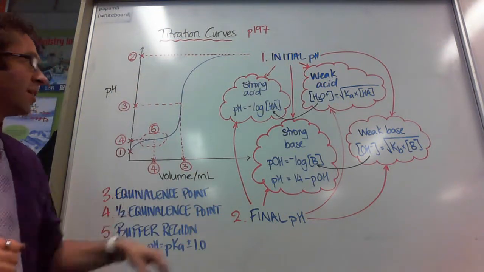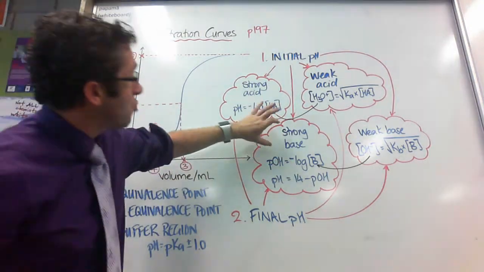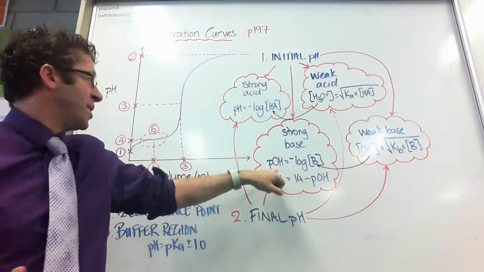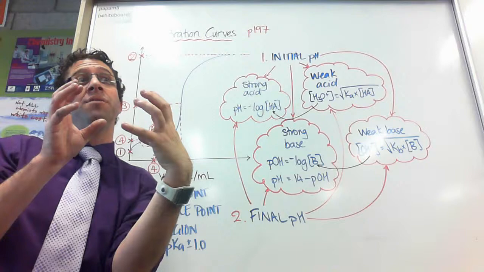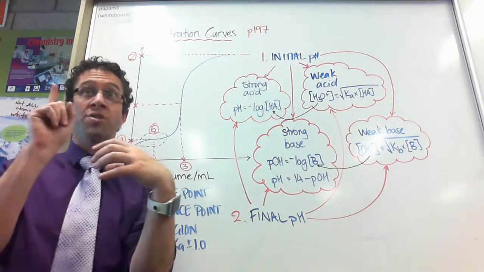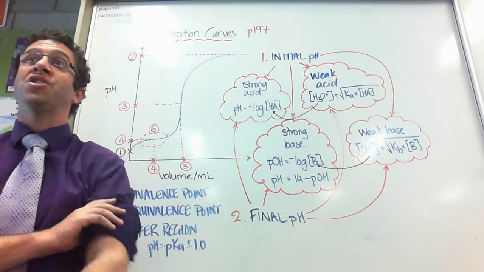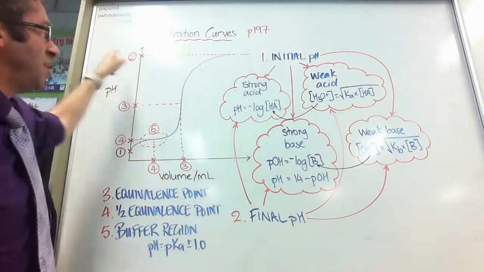So we've met these calculations before. For a strong base, there are two ways to do it. The easiest way is to find the pOH by doing the negative log of the base concentration, assuming that base has only got one hydroxide in it, then going 14 minus that to find the pH. That's the easiest way to do it, and that's what we'd have to do to find section number 2.